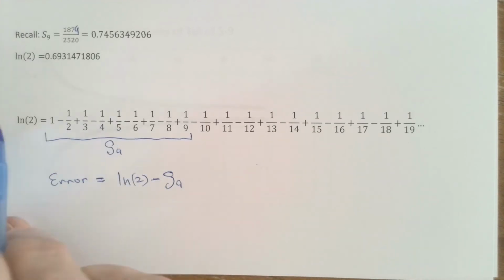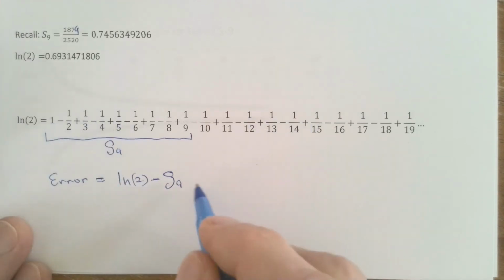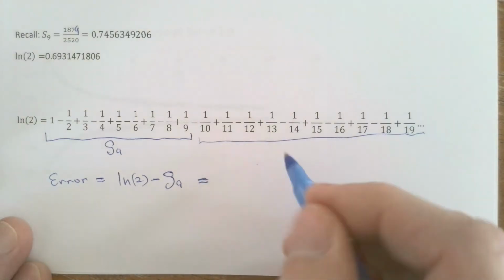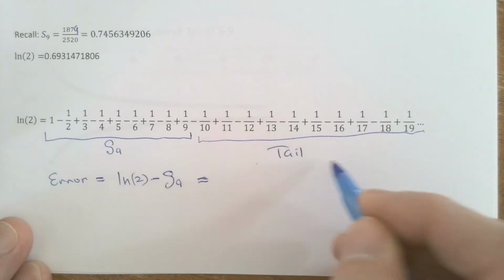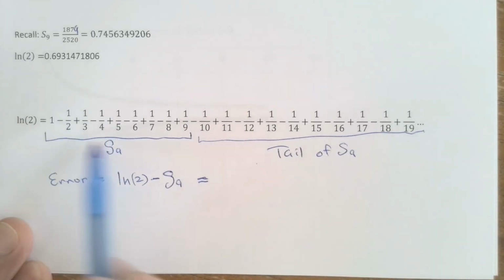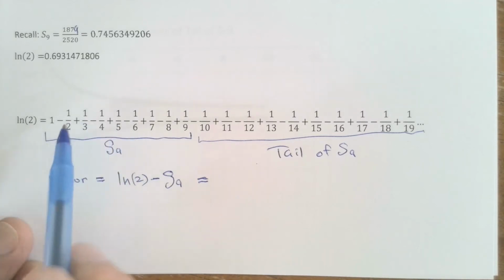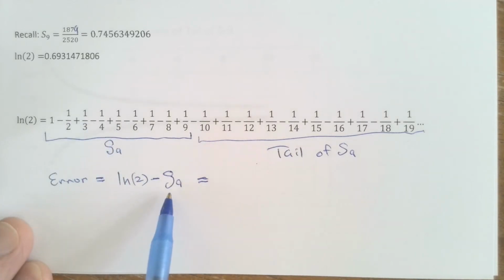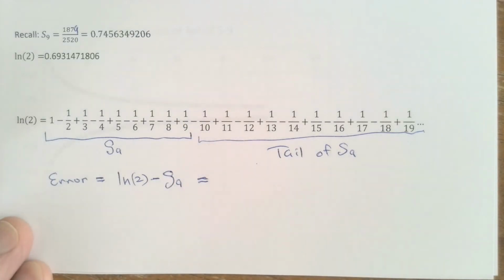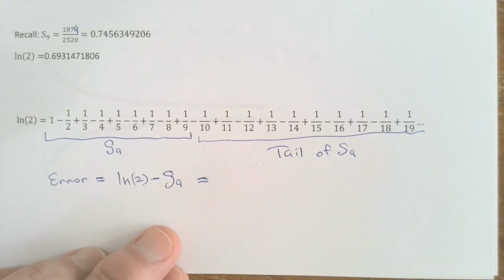I'm subtracting that from both sides of this equation, and that's leaving me with everything over here, the tail of S9. So subtract these 9 terms from both sides of this equation, and you get natural log of 2 minus S9 over here. And these are gone. And now you have just what's called the tail of the 9th partial sum.